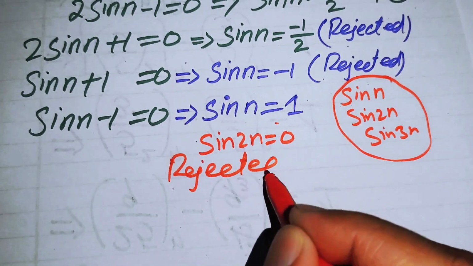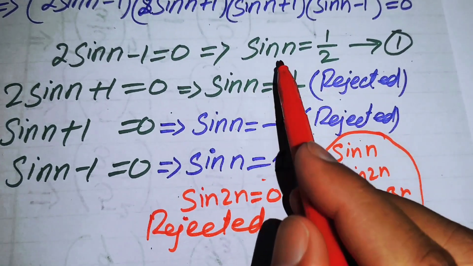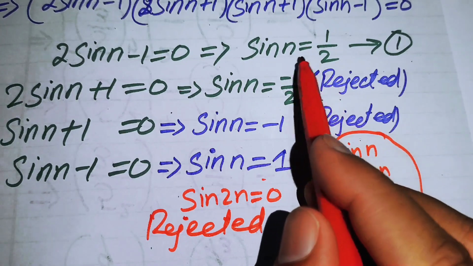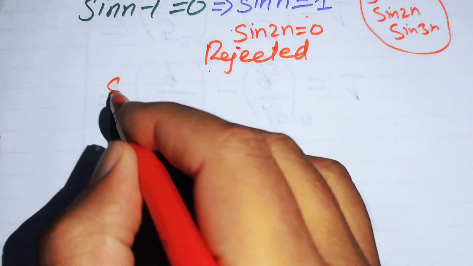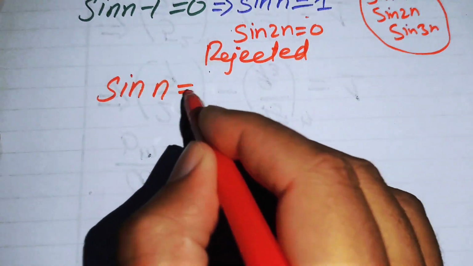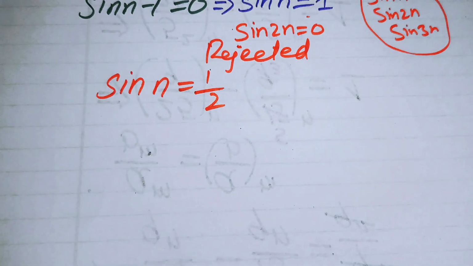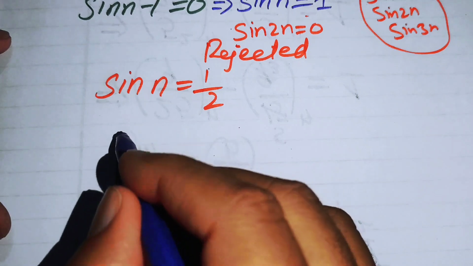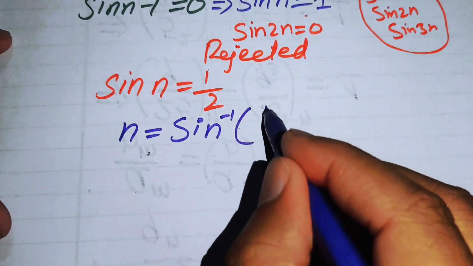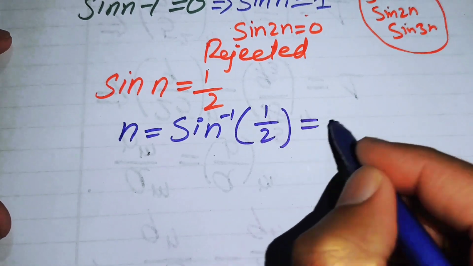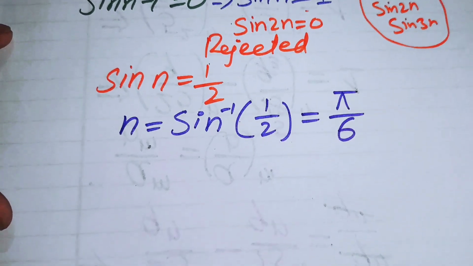So we have only one case, which is sine n equals 1 over 2, and we will find the value of n from here. First find the reference angle: n equals sine inverse of 1 over 2, which equals pi by 6.